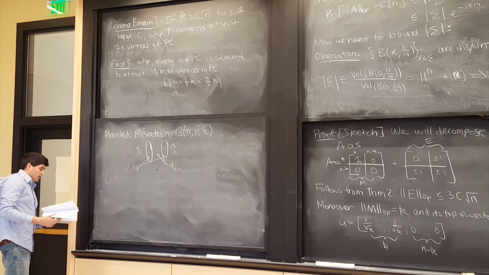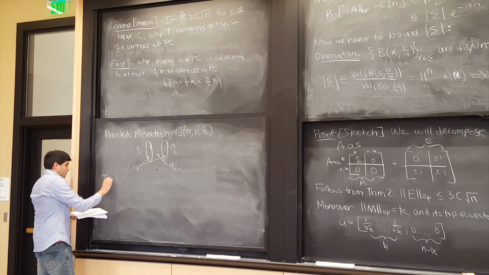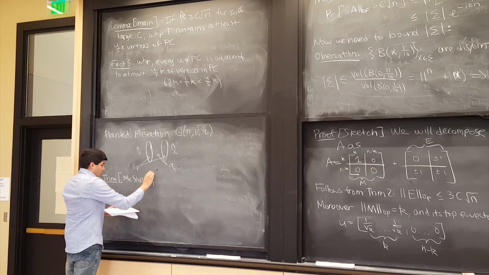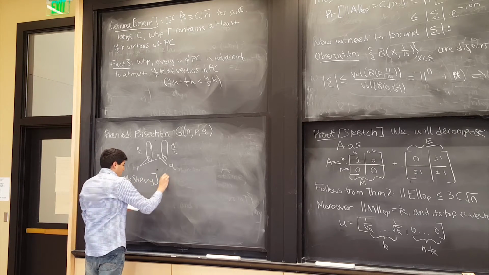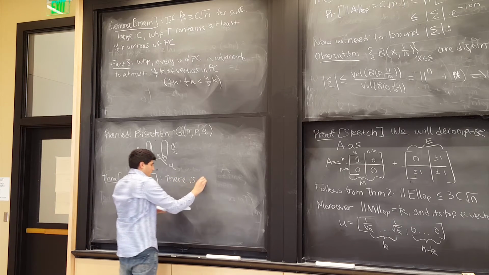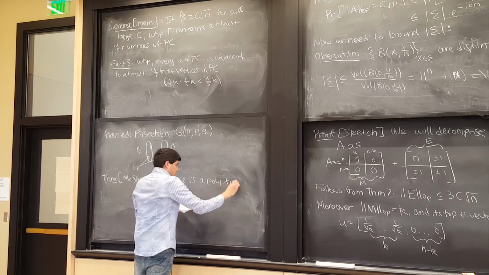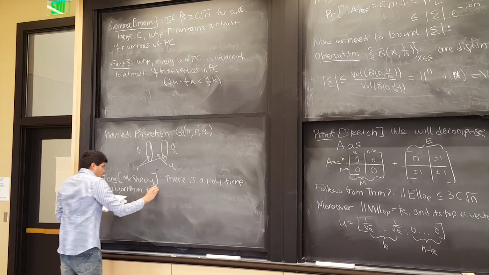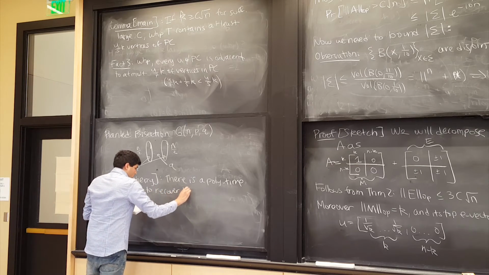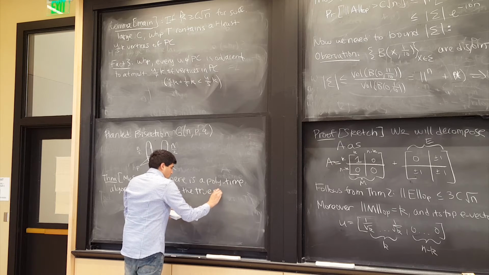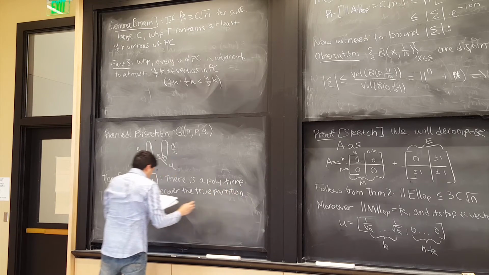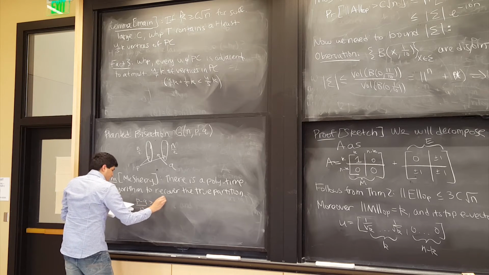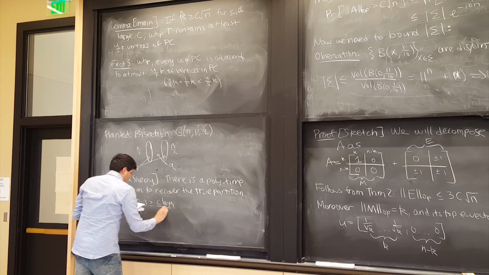Now, a theorem which we're not going to prove, but I'll just assert, due to McSherry, which also uses this idea of random matrix theory and spectral partitioning, is that there is a polytime algorithm to recover the true bisection, which succeeds whenever (P minus Q) over P is at least the square root of (P log n) over (P n).